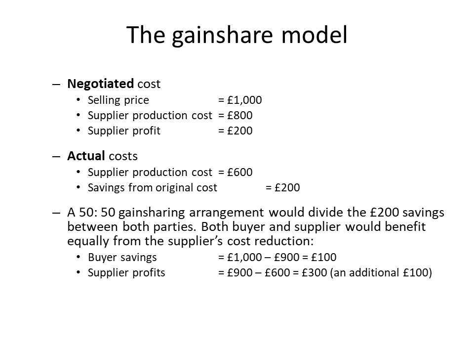This example shows what happens if the supplier manages to keep their cost down to 600, which is 200 less than the original estimate of 800. The 200 savings are shared equally between the buyer and the seller, so the supplier would gain an additional £100.